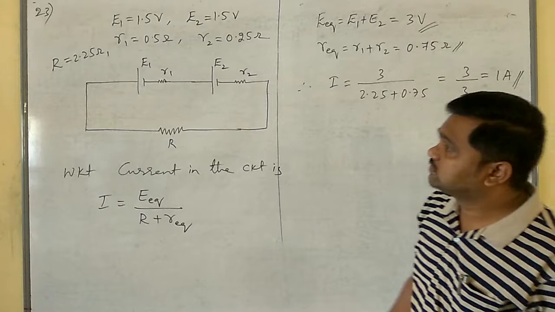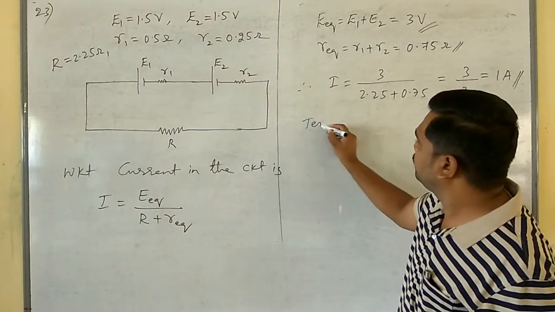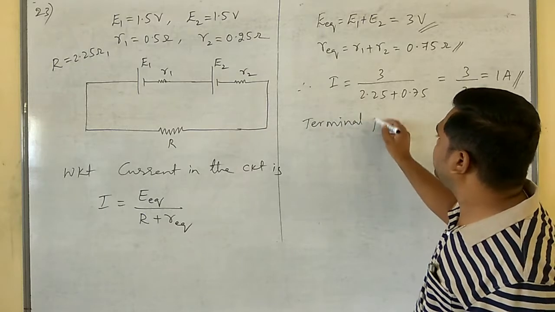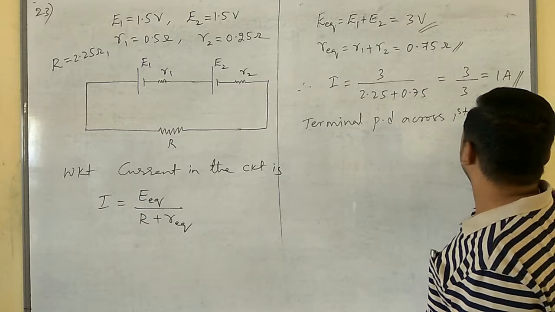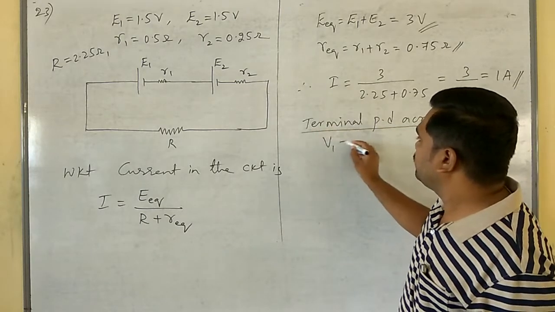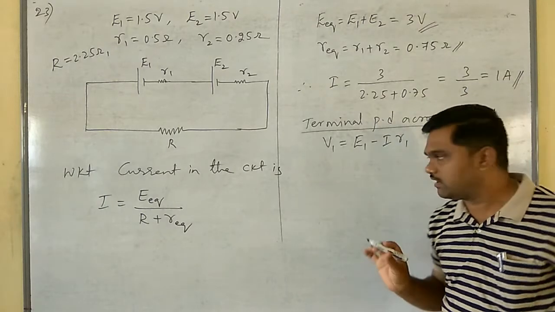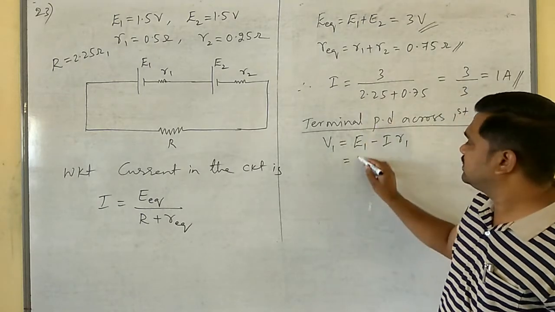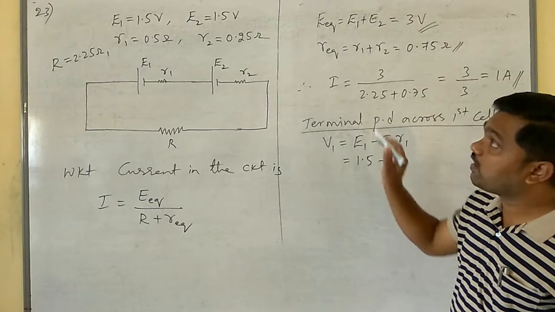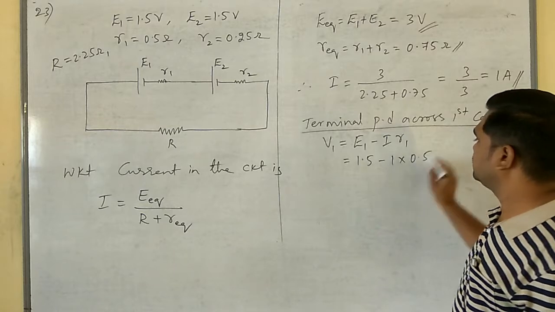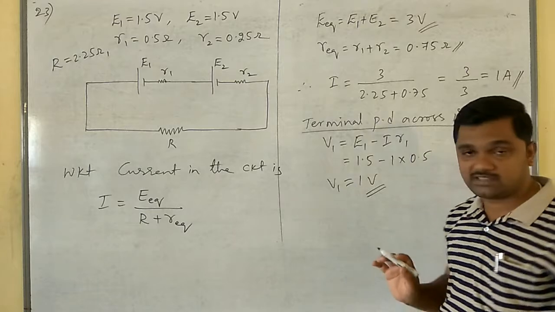Okay, next. So what they are asking, terminal PD across each cell. Terminal PD across first cell is given by V1 is equal to E1 minus I R1. Okay. E1 is 1.5 minus I is 1 into R1. R1 is 0.5. So therefore it is 1 volt. V1 is equal to 1 volt.